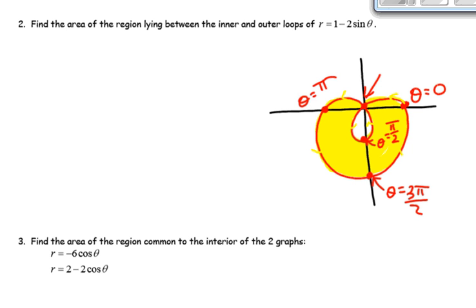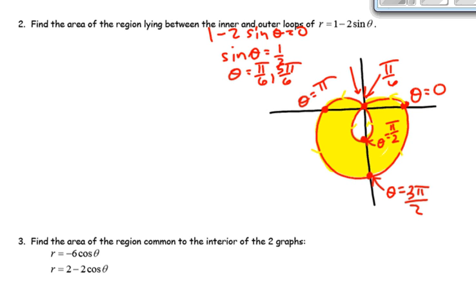So we would set our function equal to 0 and solve for theta. That's when sine of theta would equal positive 1/2, which would occur at pi over 6, and that's the positive, so that would also be at 5 pi over 6. The first time that it passes through is at pi over 6, but the second time it passes through is at 5 pi over 6.